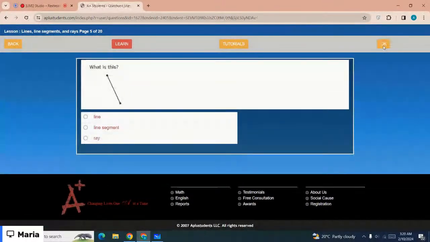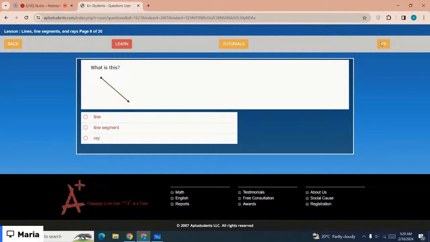What is this? Which is the correct option? Line segment it is, right? What is this?